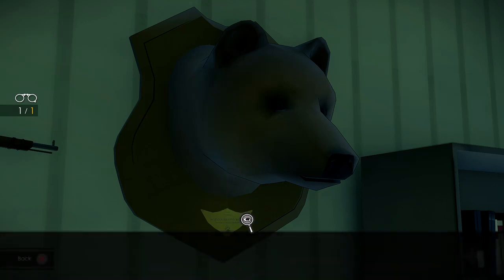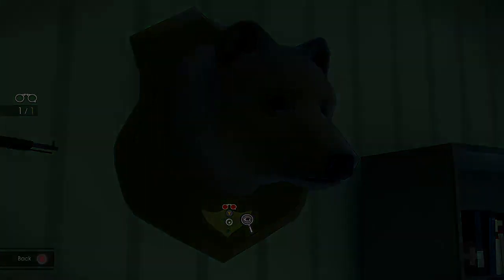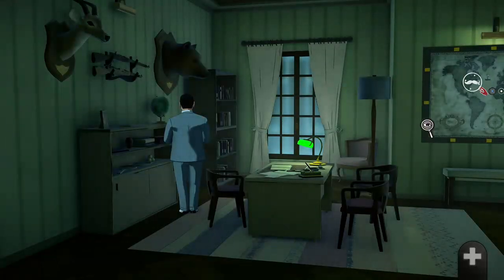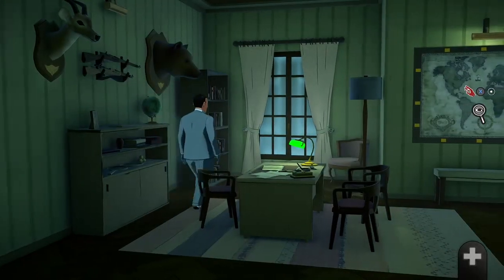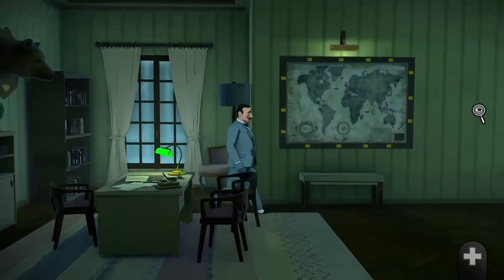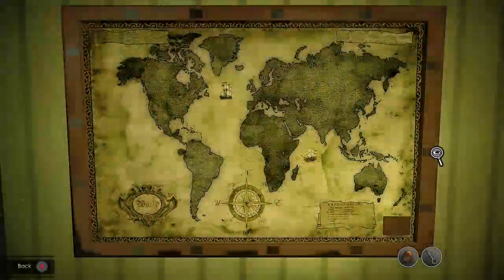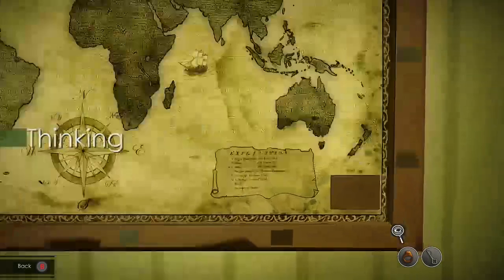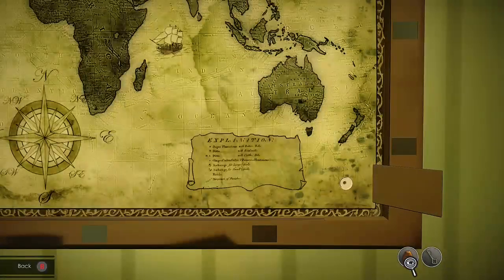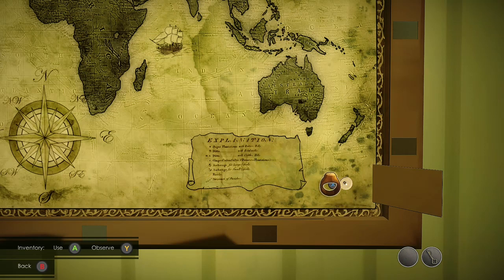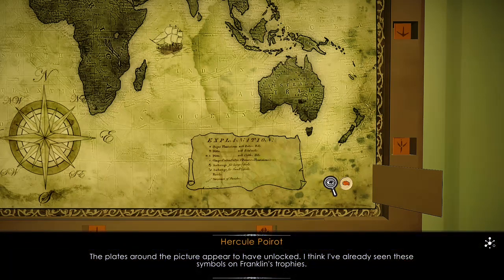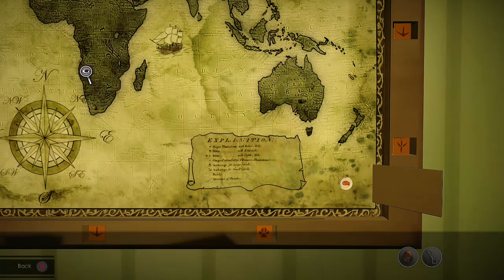July 1920. Alaska. That was top left. Right. So. The plates around the picture appear to have unlocked. I think I've already seen these symbols on Franklin's trophies.